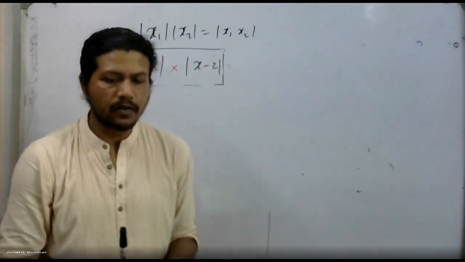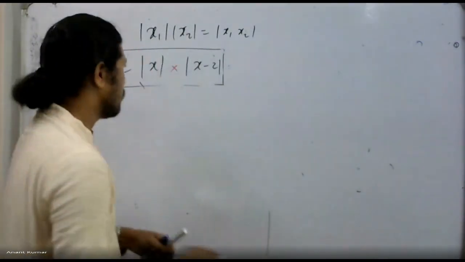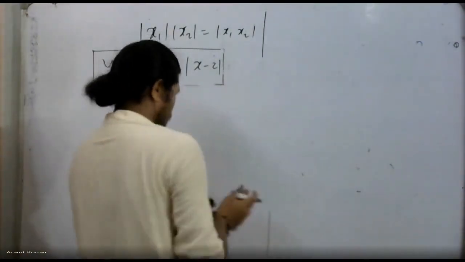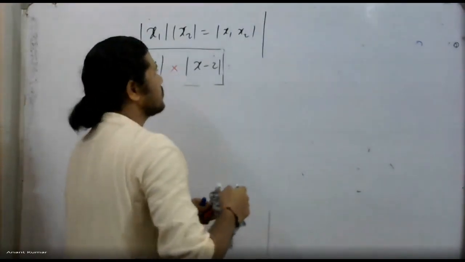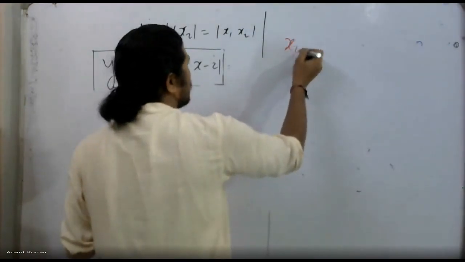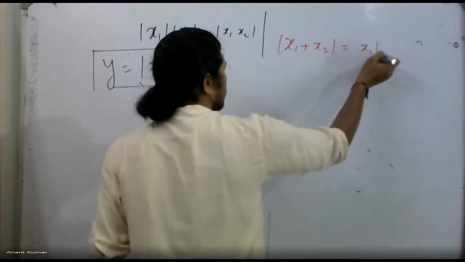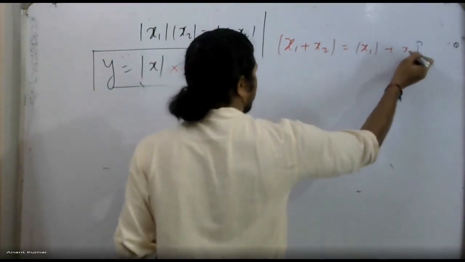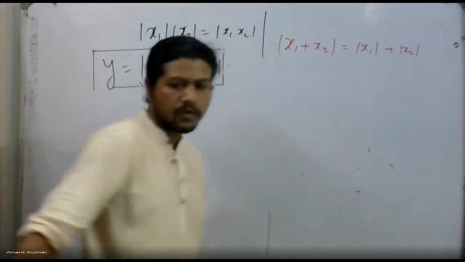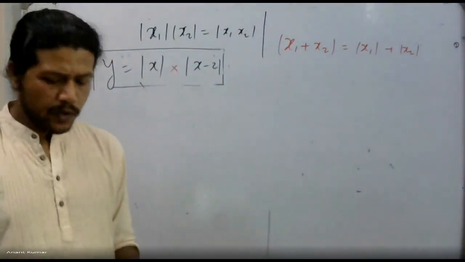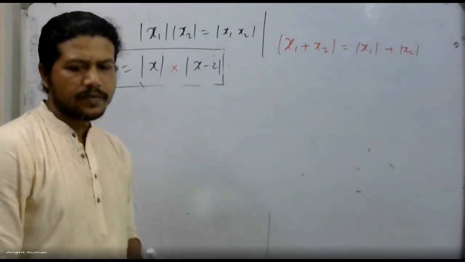What do you think about this? Mod of x1 plus x2, can I write this as mod x1 plus mod x2? Can I write it like this always? What do you think will happen?